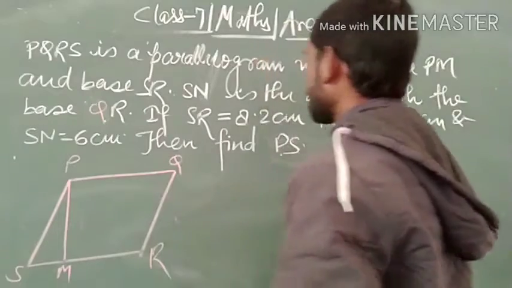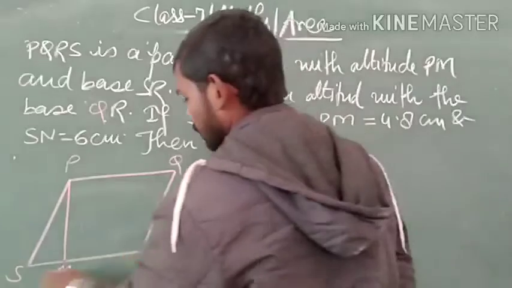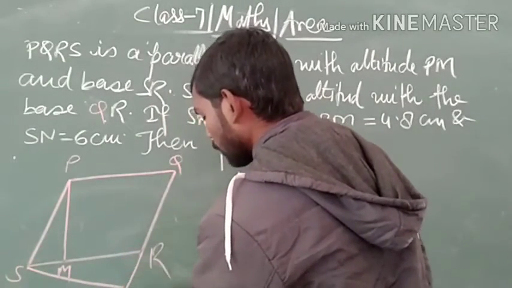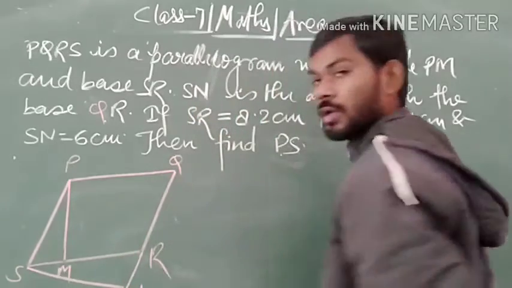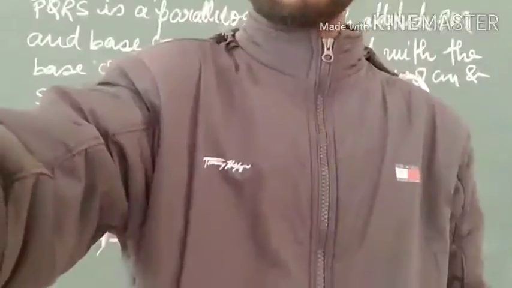Now the next, SN is the altitude with the base QR. So this is the altitude SN with the base QR. And now the data has been given.